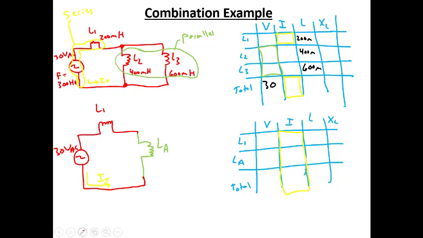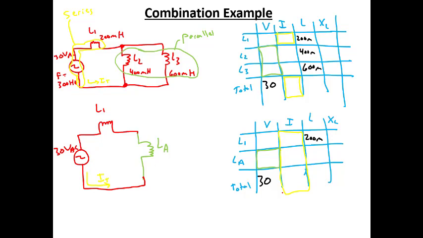And the voltage here is the voltage that we're going to transfer back up. Then we can put in the stuff that we know, that this is 30, this is 200 milli. Okay, so we've started off the problem and we made our two tables.